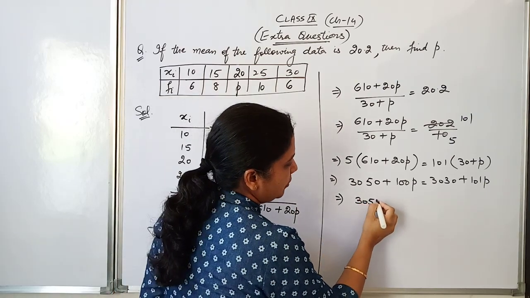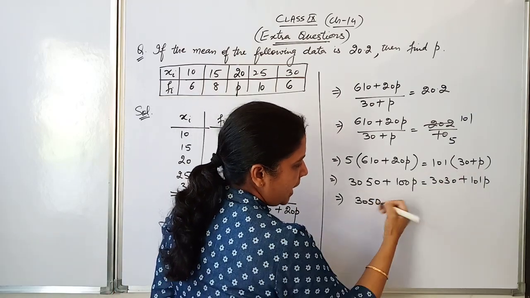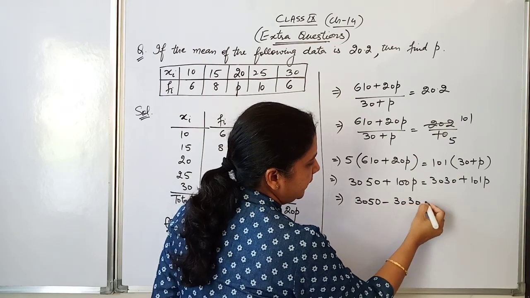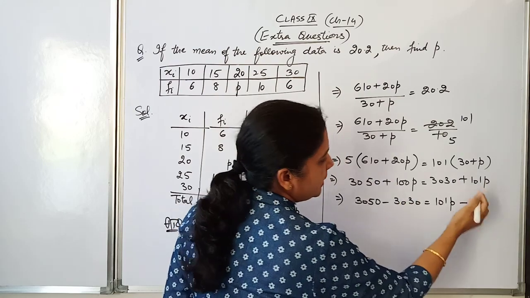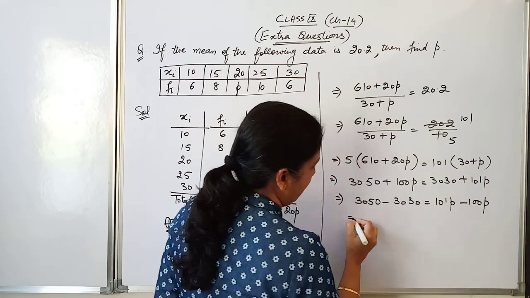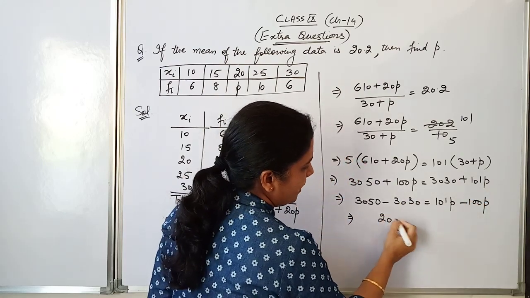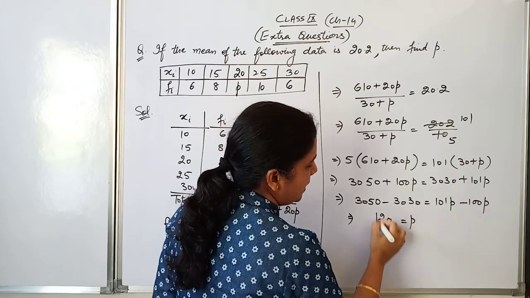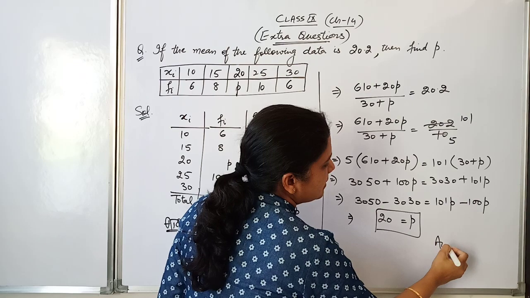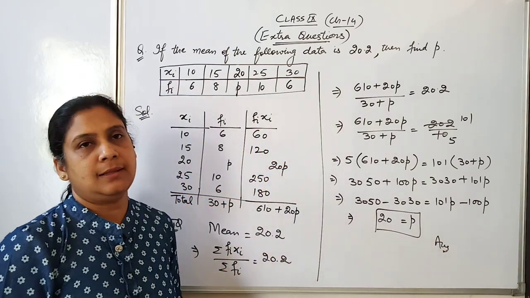So it is 3050 minus 3030 is equal to 101P minus 100P. Let's simplify. It is 20, and on this side 101P minus 100P, it's only P. So we have got the missing frequency as 20.